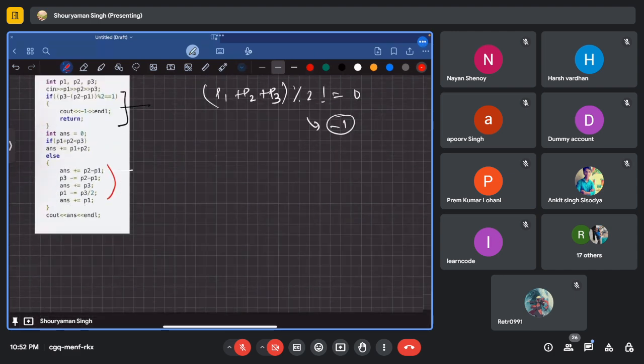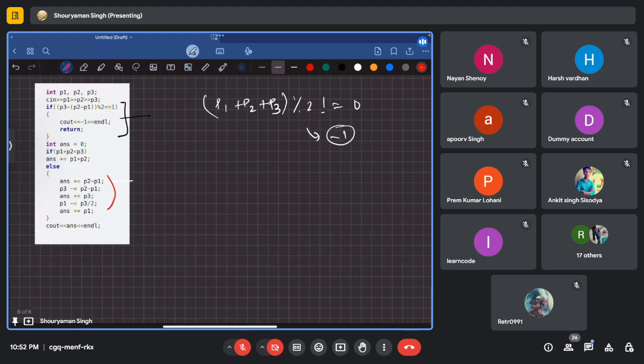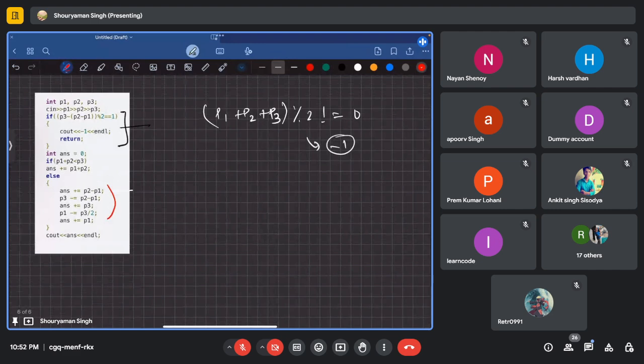So this was my solution. It is rather difficult to tell you guys how I did it, because I just came up with it. But as you can see, this is the mod 2 early exit which I was telling you about. If it's odd, you return -1. Now you go ahead and do this.